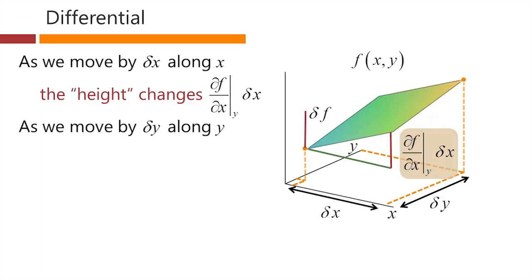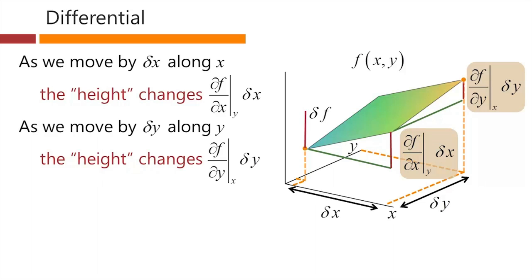And then as we move by a distance delta y along the y direction, the height changes by this additional amount, this red line here, and that amount is the slope of this line times the amount delta y. So this is the gradient partial df by dy at constant x. And so we take this bit of red line and add it on over here.